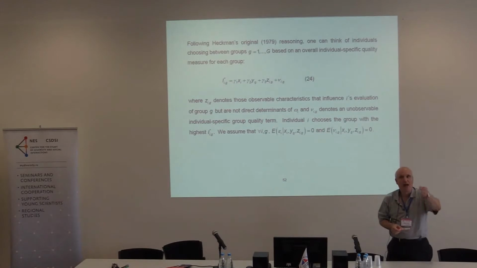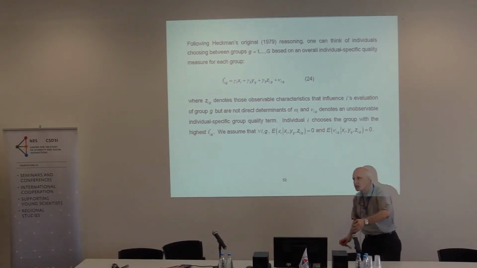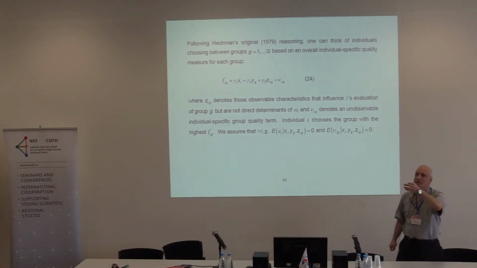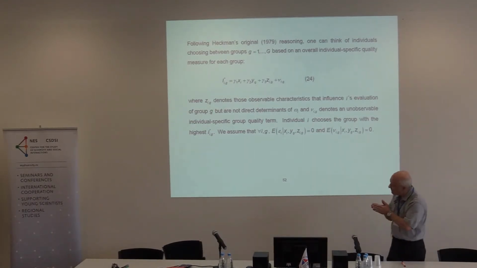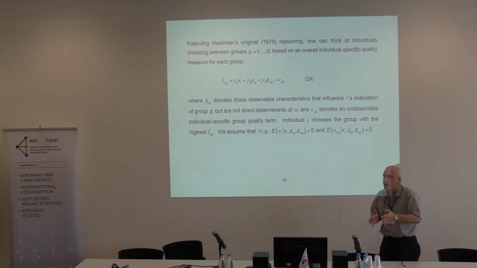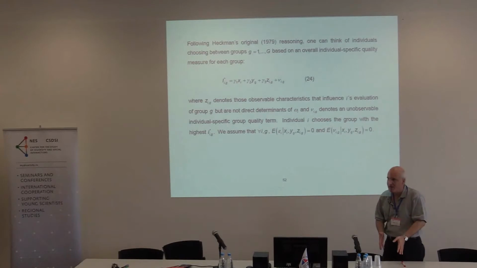But what you assume is, tautologically, that my choice of a neighborhood is the neighborhood that maximizes my payoff. So that's the underlying logic. If I want to account for the fact that the expected value of epsilon is no longer 0, one way I can do that is explain why it's not 0. And the reason it's not 0 is because I chose to be in that group because it maximized my utility.